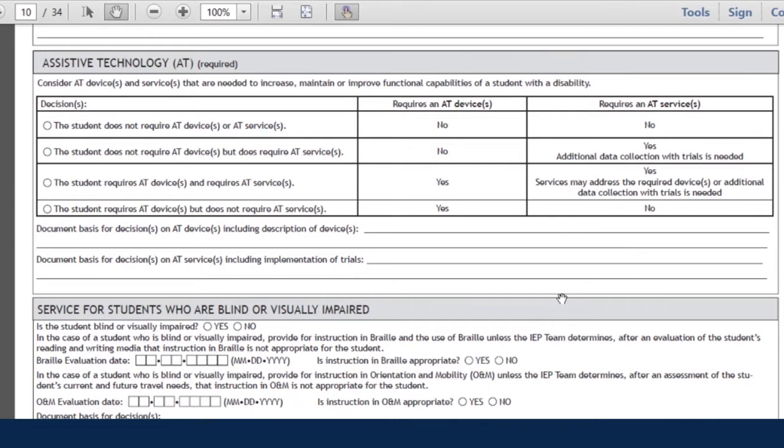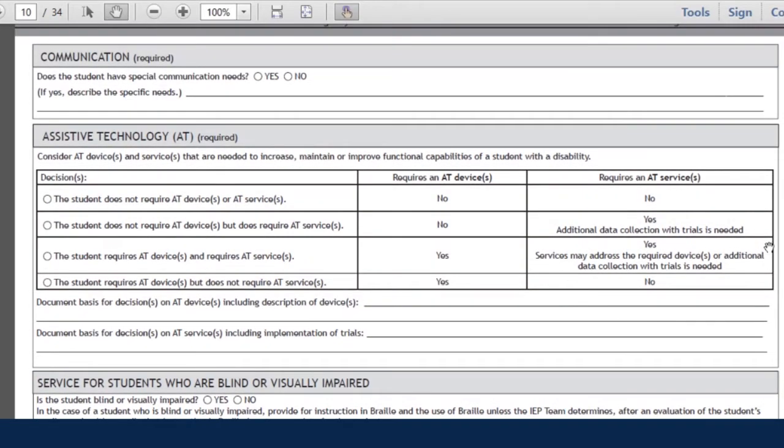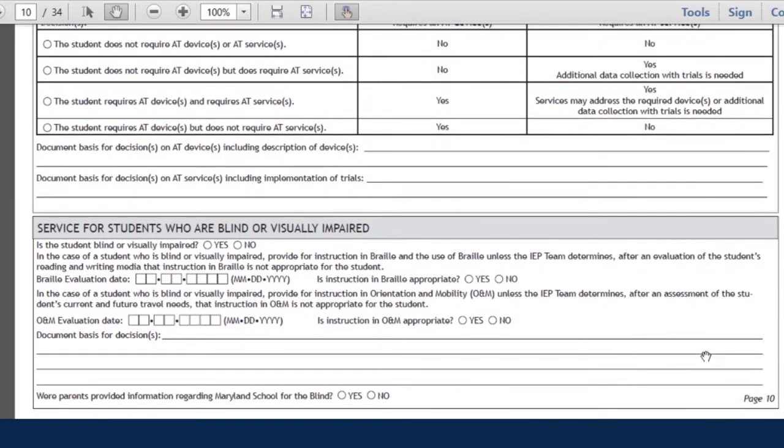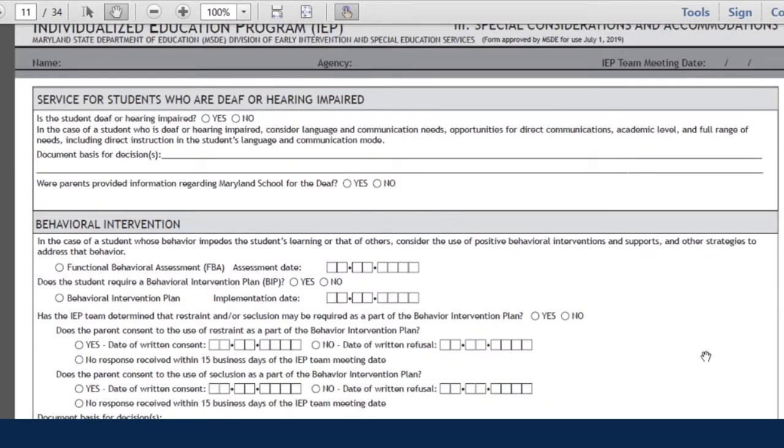Anytime you disagree with what the school is telling you about any of these services, you have the right to disagree. We're going to run through this and then we'll talk a little bit more about how to handle disagreements.